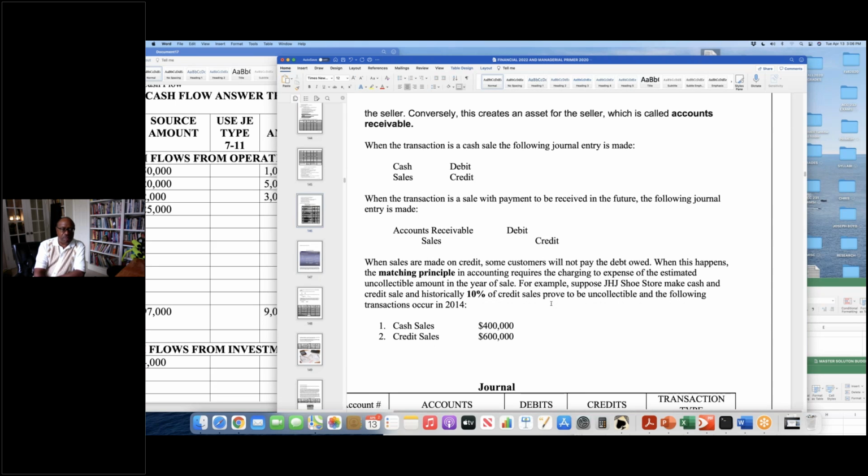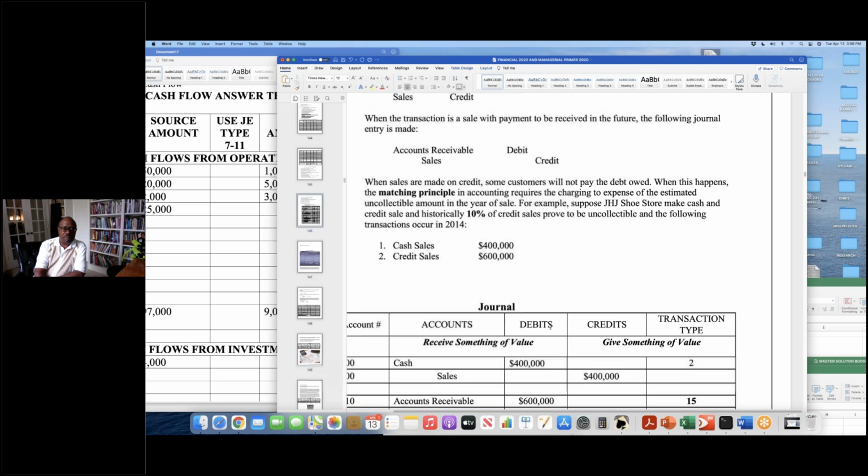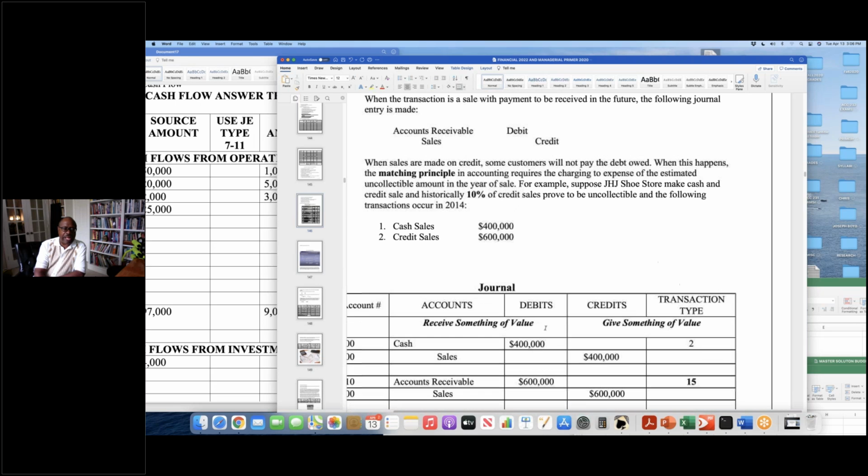And the matching principle requires that we make an adjusting entry. So we're saying we're JHJ Shoe Store and we'll be selling shoes. We have cash sales of 400,000, credit sales of 600,000. You should remember that the cash sale, type 2, is debit cash, credit sales.